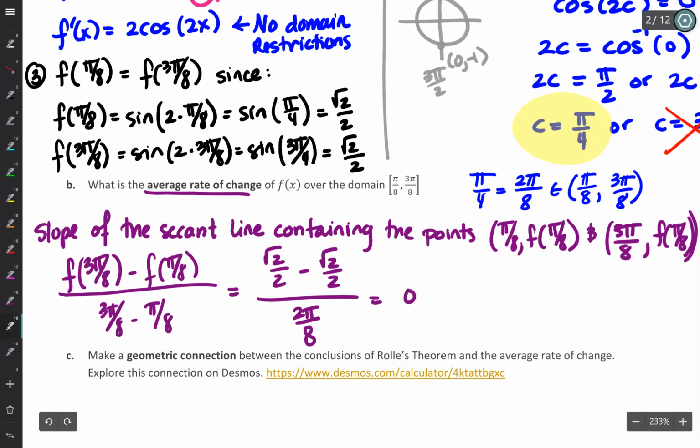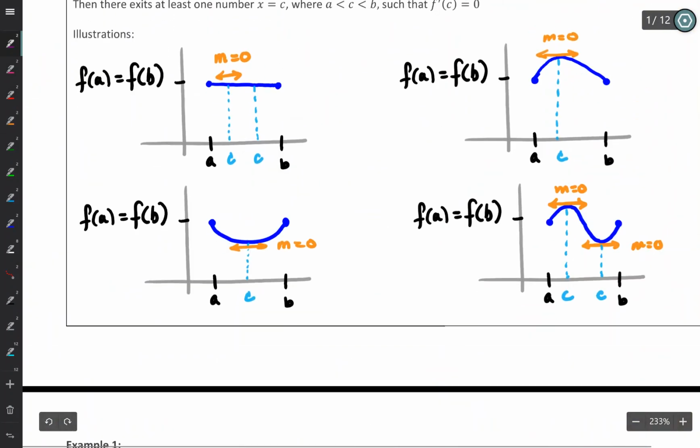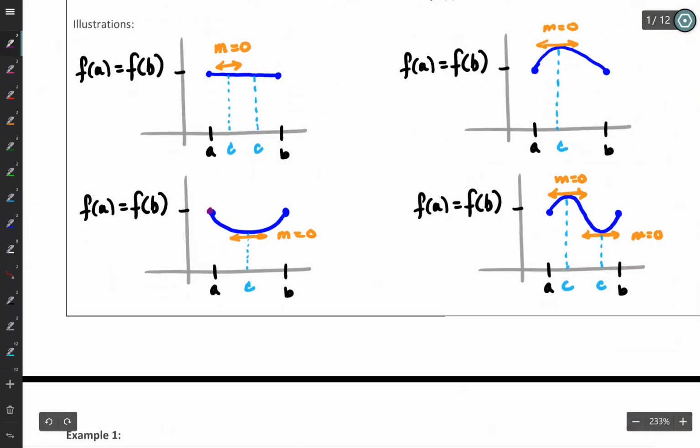Answer, my average rate of change of f over this domain is 0. The slope of the secant line containing these points is 0. Which should make sense, right? Looking at Rolle's theorem, because the function sends those endpoints to the exact same y value, the slope of the secant line for all of these is 0.